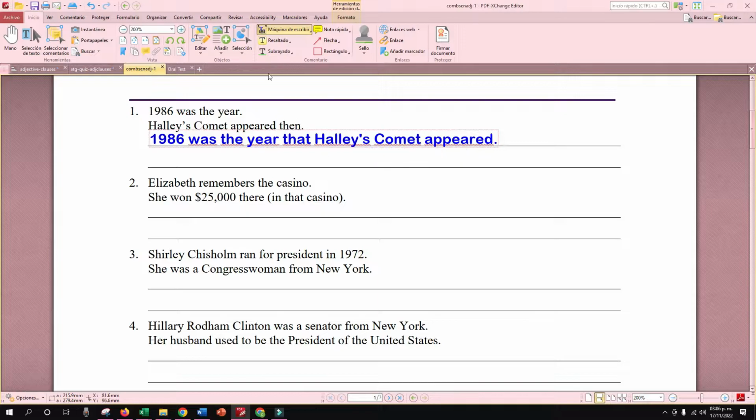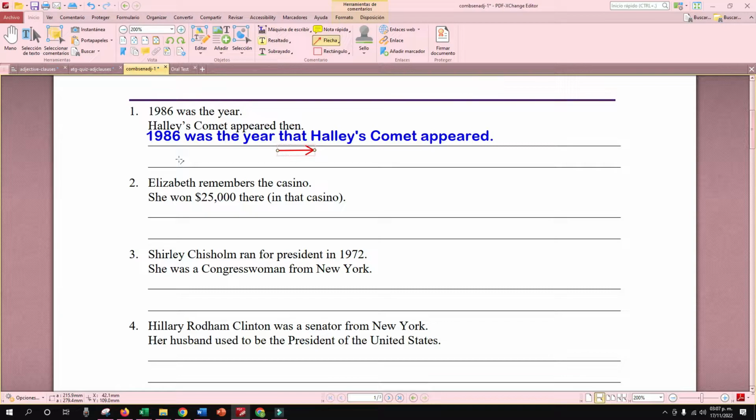So look, we're using here what? In this case, that, right? So 1986 was the year that Halley's Comet appeared, right?